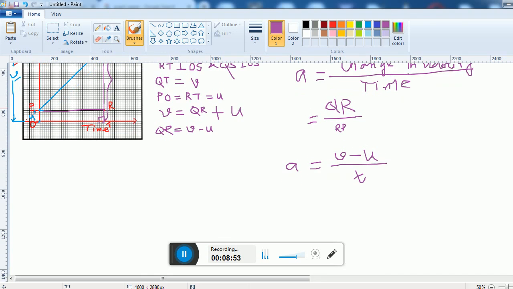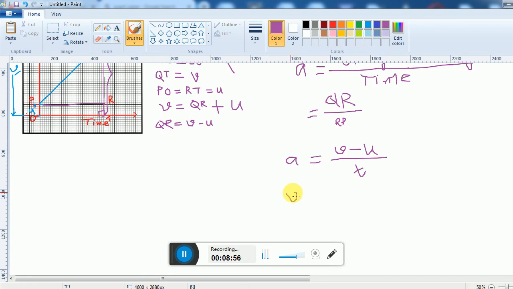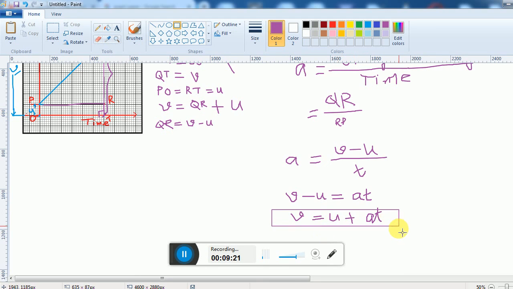If we cross multiply, we get v minus u is equal to at, or v is equal to u plus at. This is your first equation of motion, known as the velocity time equation. Next class we'll continue with the position time equation. Thank you very much.